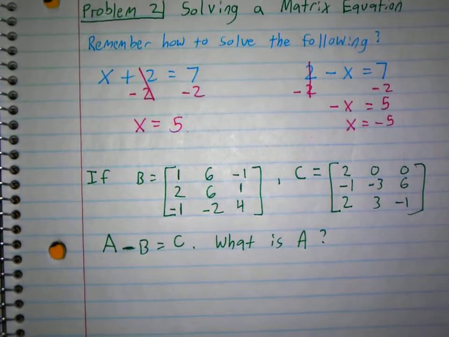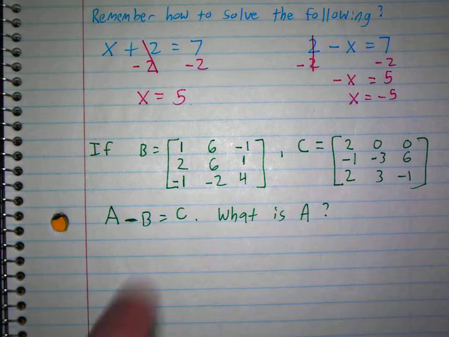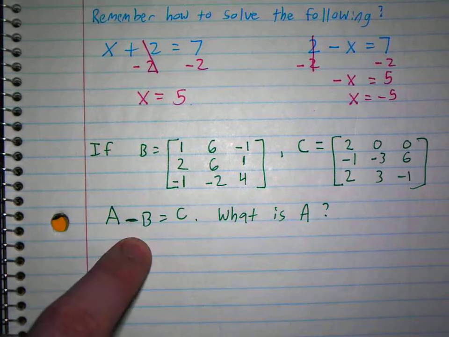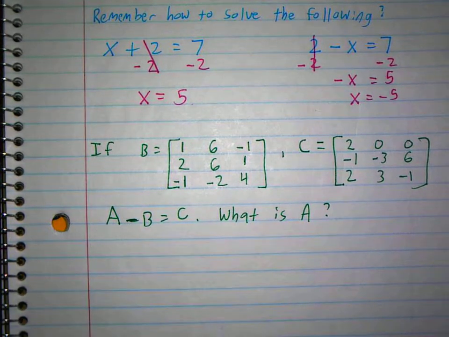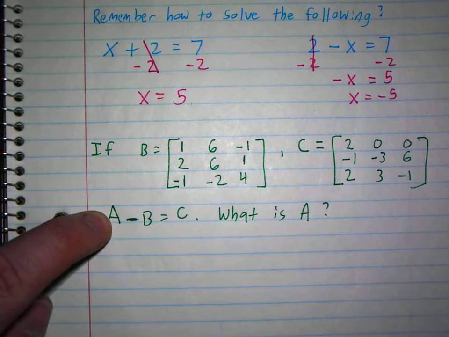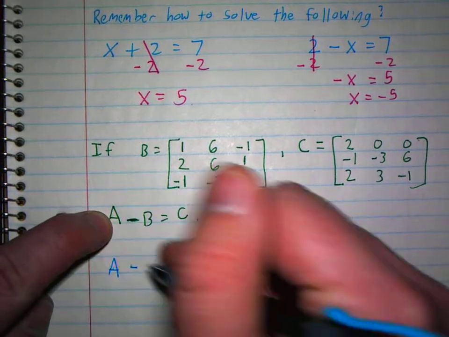So how would you do the same thing with a matrix equation? So I have a matrix B, matrix C. They give me the formula that A minus B equals C, and they want me to solve for A. So more than likely, first thing I need to do is plug in what I know. So I don't know A, right? I'm going to put down A. But I know what B is.